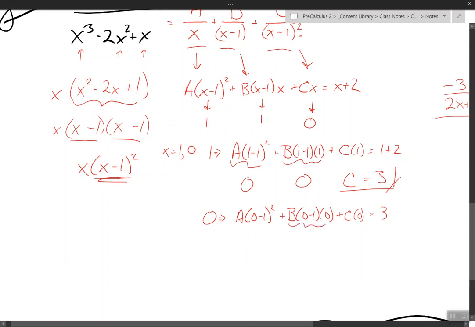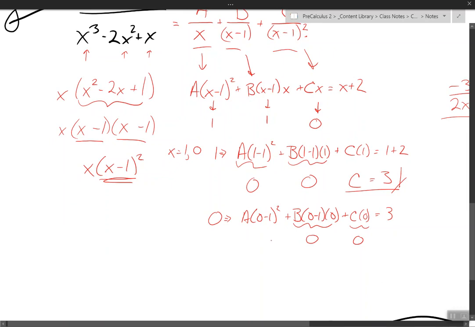This time the B is going to be 0 and the C is going to be 0. 0 minus 1 is negative 1, but negative 1 squared is positive, so we just get A is equal to 2. I messed up there. It's not 3, it is 0 plus 2, which is 2. So A is 2. Right, so we have our first 2 solutions.